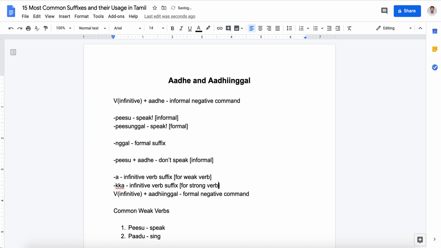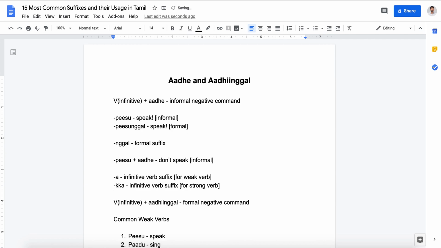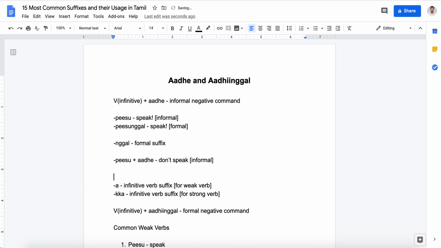These two suffixes we always need to add to the verb to make a negative command: one for the weak verb, ka for the strong verb. So how can I make it? பேசு plus the infinitive: we remove the u and add a, making பேச.